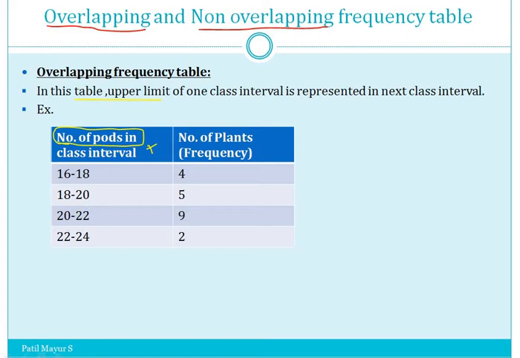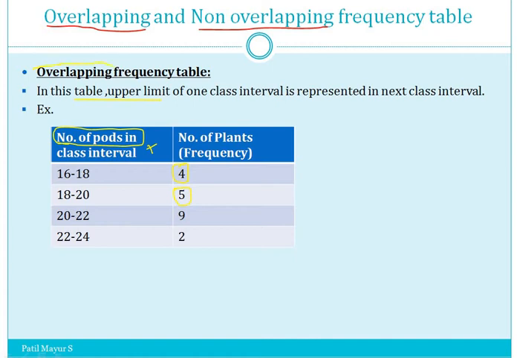The plants which have 16 to 18 pods are 4 in number, so their frequency becomes 4. The plants which have 18 to 20 pods are 5 in number, and so on. Our purpose here is to study the two different types of frequency table.